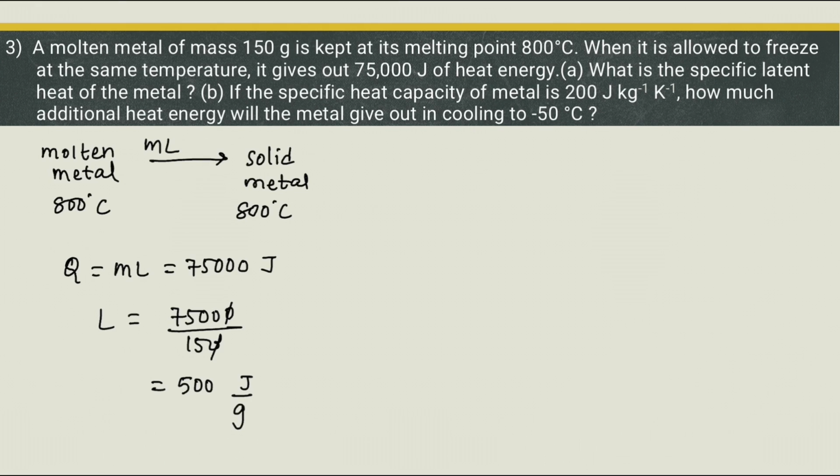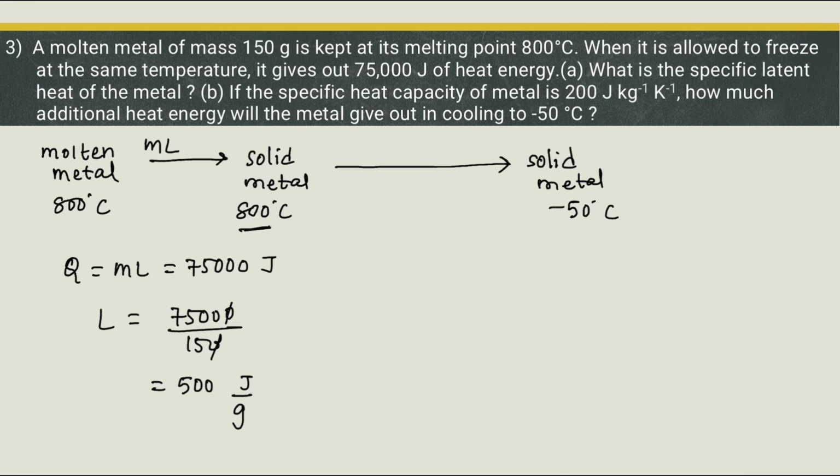Now it is given further in the question that if specific heat capacity of metal is 200 joule per kg Kelvin, how much additional heat energy will the metal give out in cooling to minus 50 degrees Celsius? So solid metal cools down from 800 to minus 50 degree Celsius.